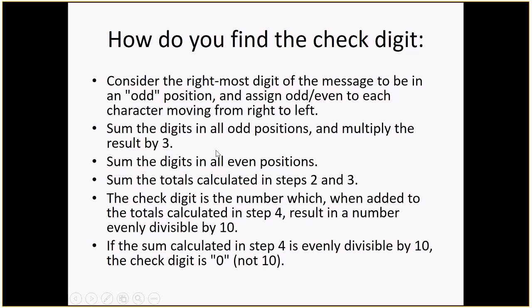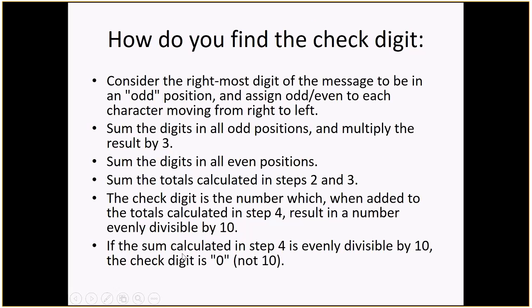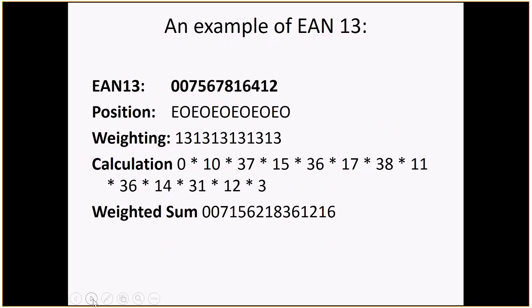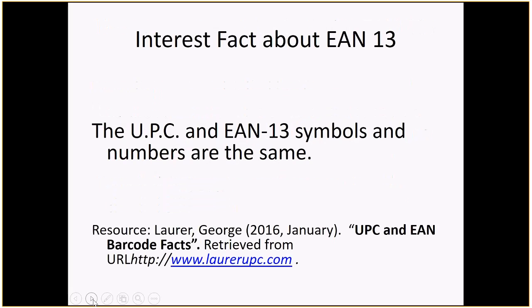This is outlined, it is in step-by-step format, which is fine. Here's my example. And this explains how you go about detecting errors in that system. And then at the end, they stated their resource.